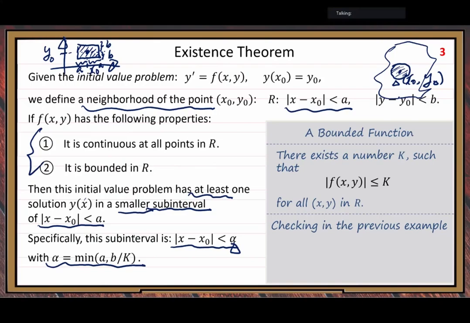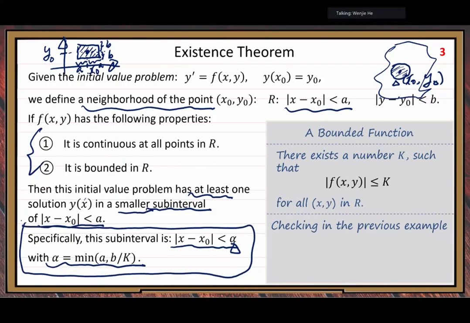Why is the conclusion like this? You need to reduce the existence part to a smaller subinterval, and how small is given by the minimum of those two numbers.